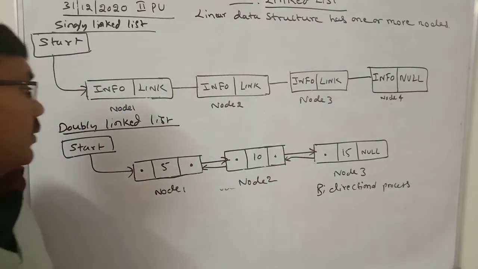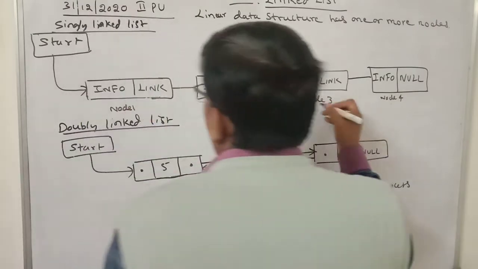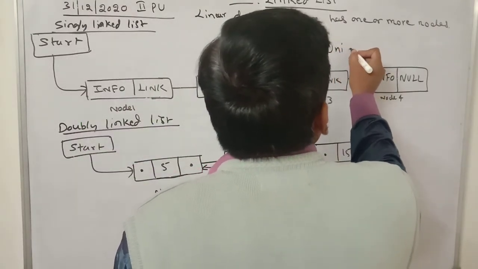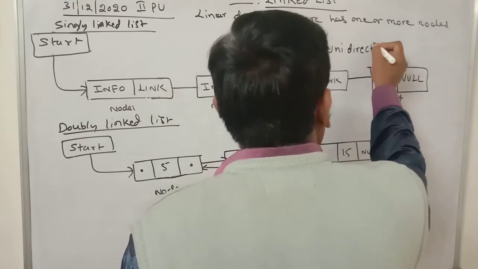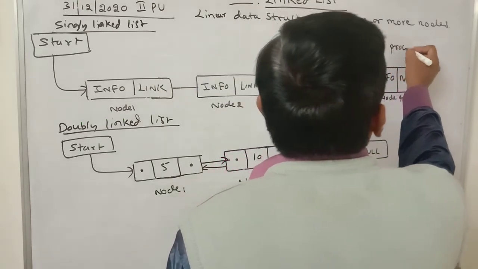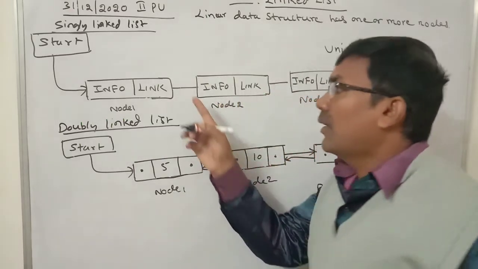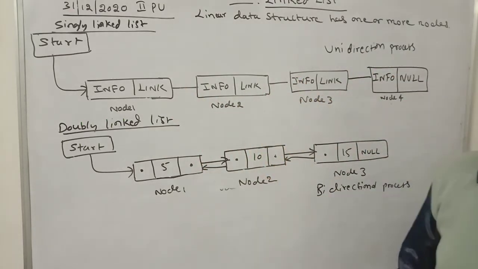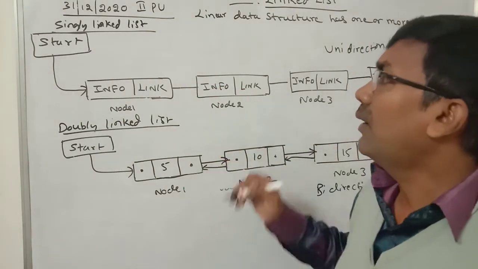Okay, see, this is the difference. For a single linked list we call it unidirection, one direction. The only possibility is 1 link. This contains only 1 link and this contains 2 links. That is the difference between single linked list and the doubly linked list.